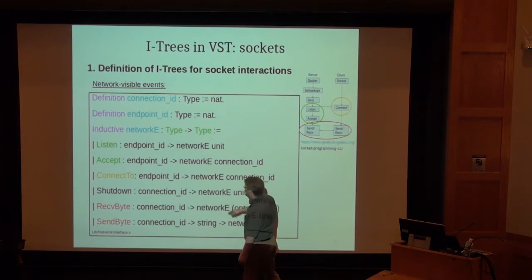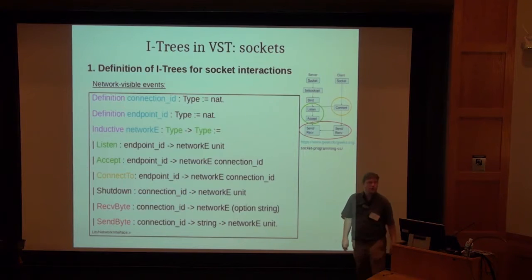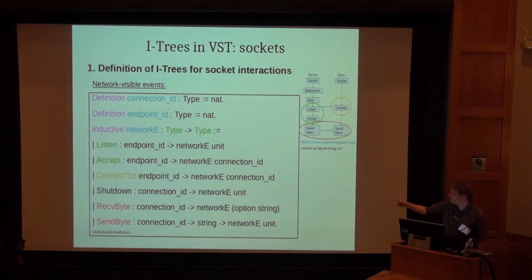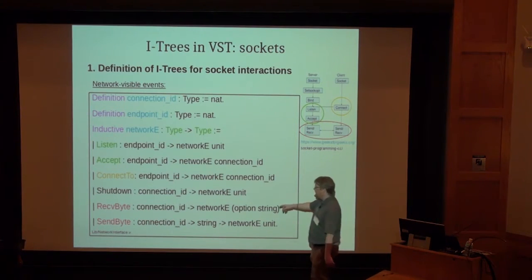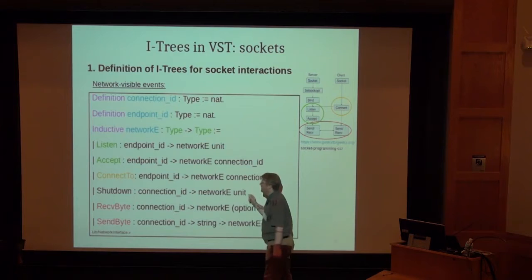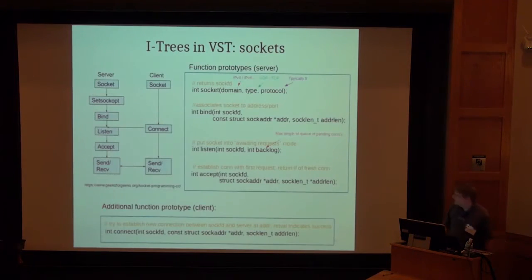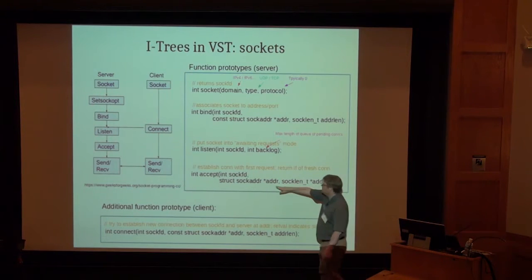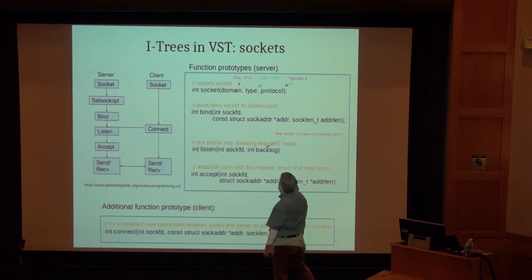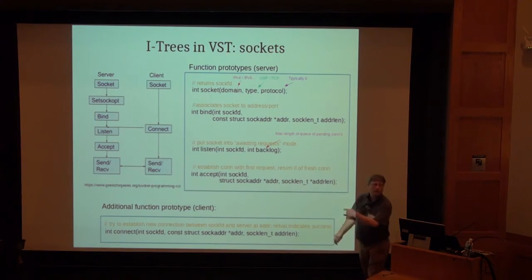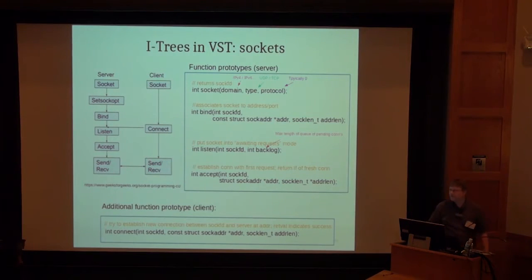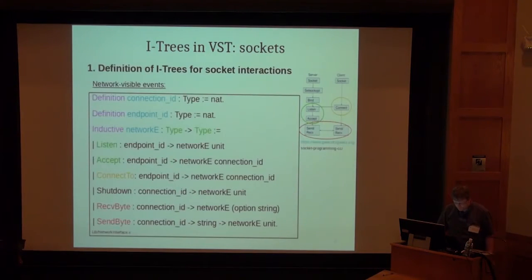In the picture, shutdown is not shown, and I believe we haven't verified anything involving shutdown yet either. But in principle, the types here codify what you saw on the previous page in the informal description of what they roughly take and what the return values of these functions are. All right.